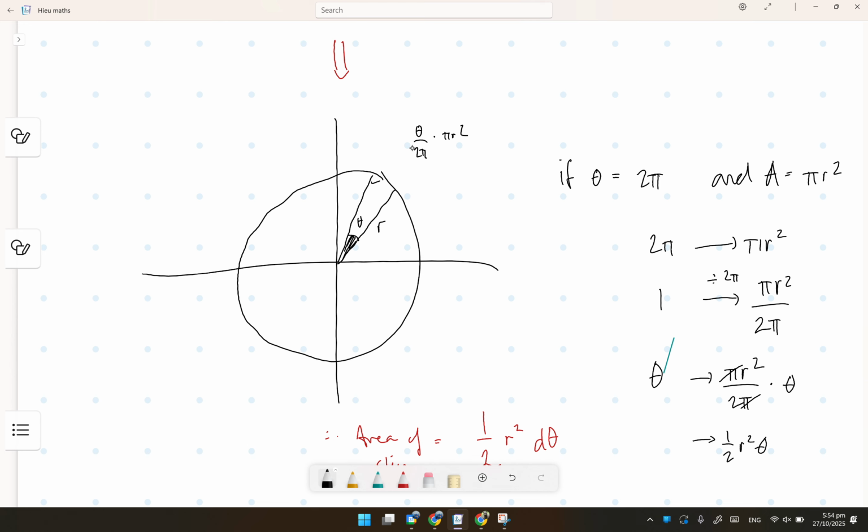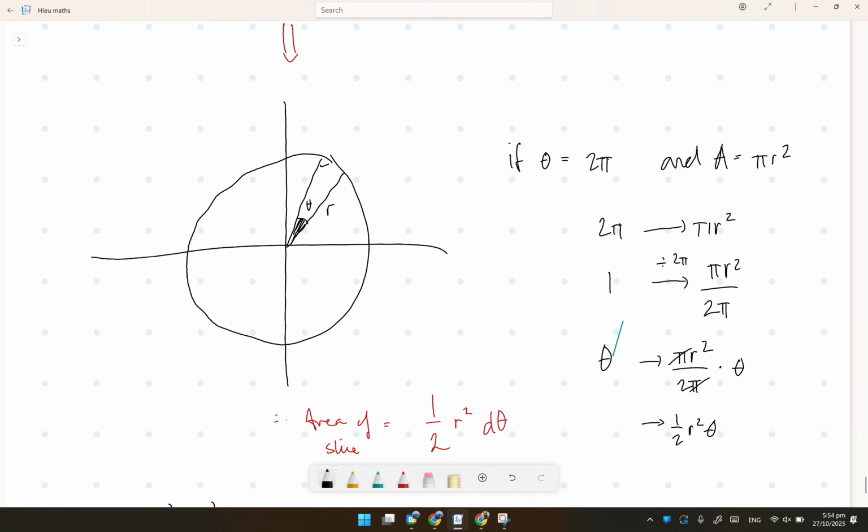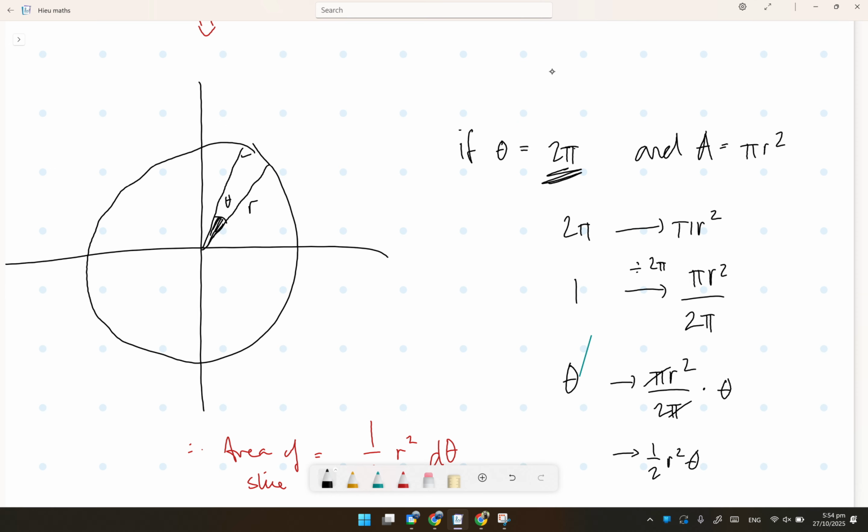What we're doing is taking the fraction of theta over the full circle and multiplying by the full area. If theta is equal to 2 pi, then the area would be pi r squared.